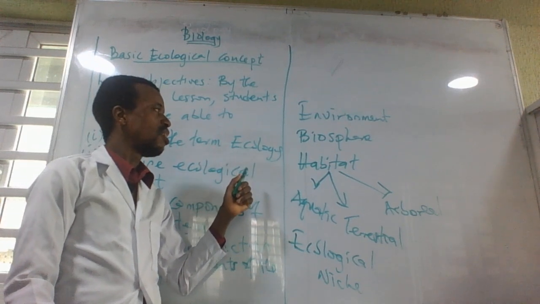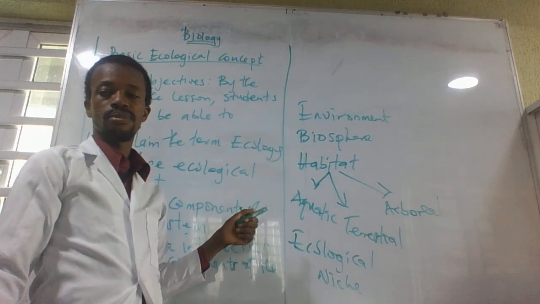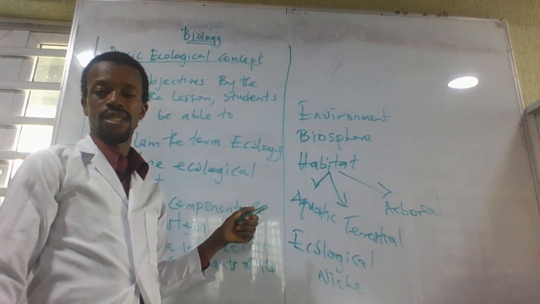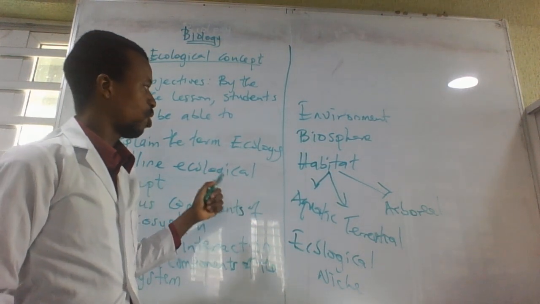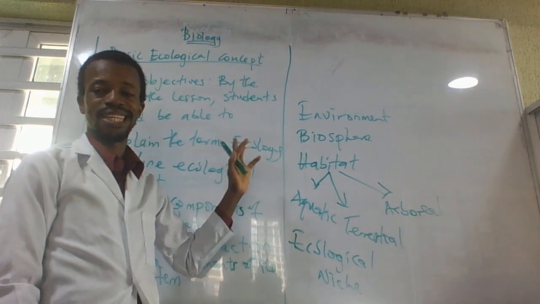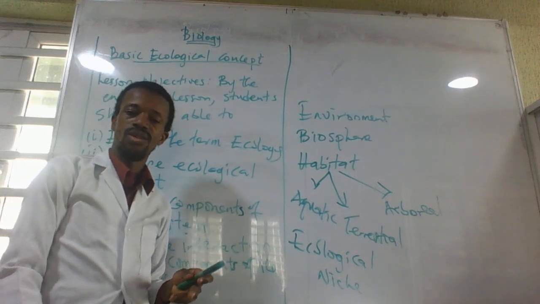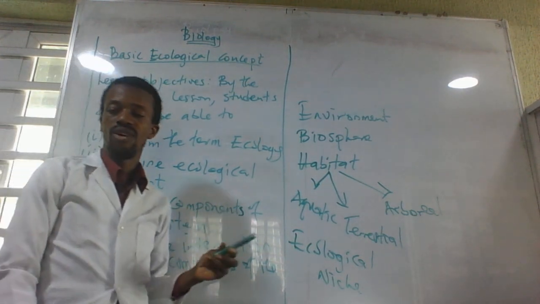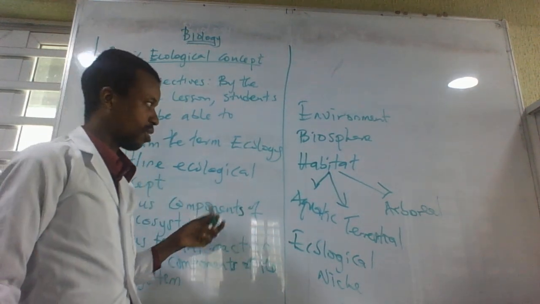Then we consider some aspects of ecology, and these aspects are very key, knowing that for you to get the relationship between these, you must consider three things. You study the environment that they are in, you study the organisms, you find out how living organisms depend on themselves in that environment, and you measure factors that affect the environment.